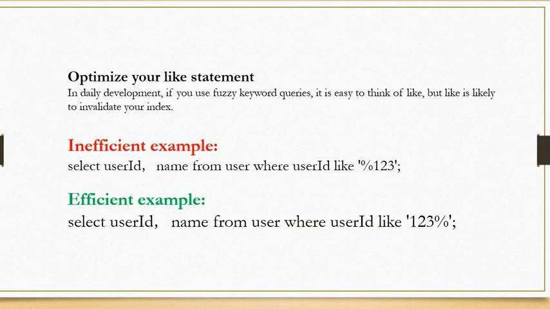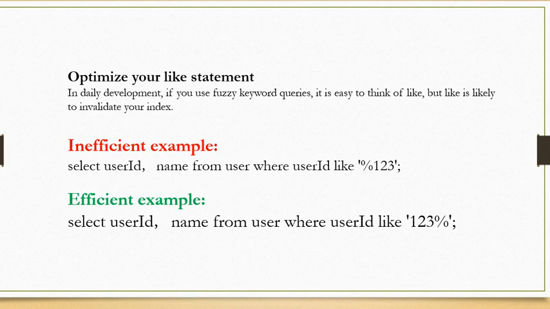Okay. So the next one is optimize your like statement. In daily development, if you use fuzzy keyword queries, it is easy to think of like, but like is likely to invalidate your index. Look at the inefficient example here: select user ID, name from user where user ID like %123.